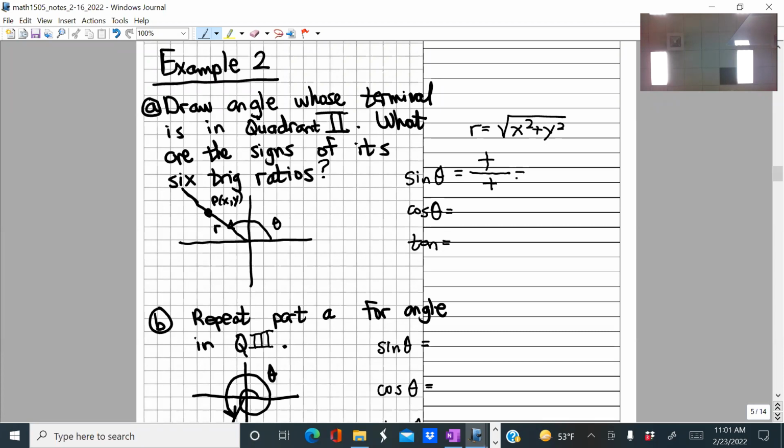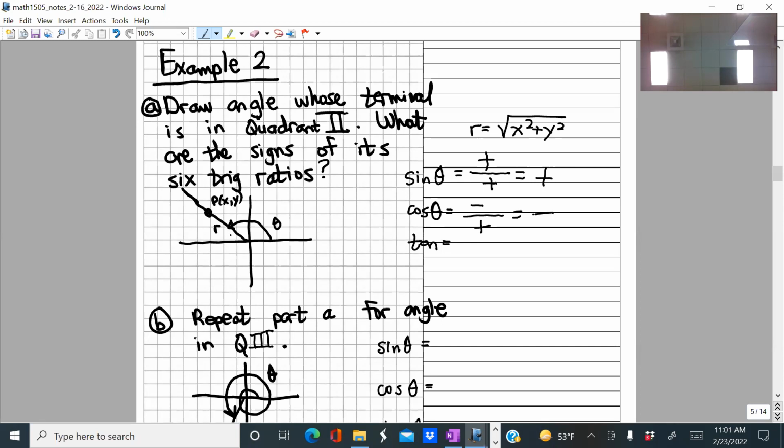So you get plus over plus, which is plus. So for angles in the second quadrant, sine is positive. What about cosine? The bottom is always positive, and the top is negative, because in the second quadrant you're in the negative portion of the x-axis. So the x coordinate divided by this positive r is going to be negative.